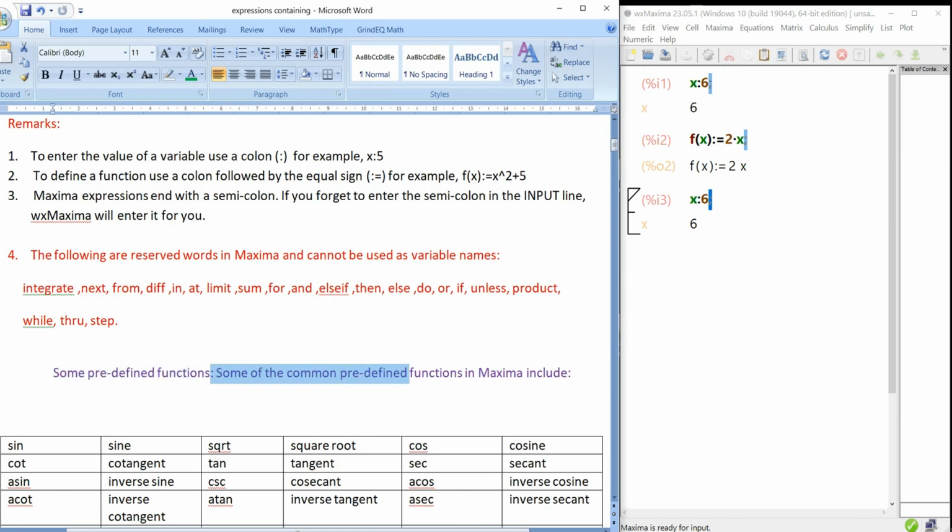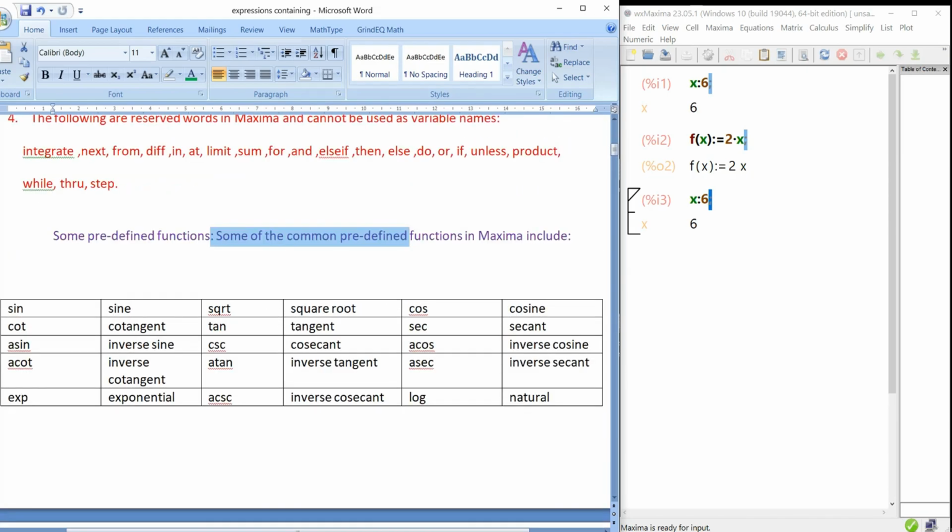There are also some predefined functions. Some of these predefined functions, you can see in the table given. This is sin, used for the sine function.